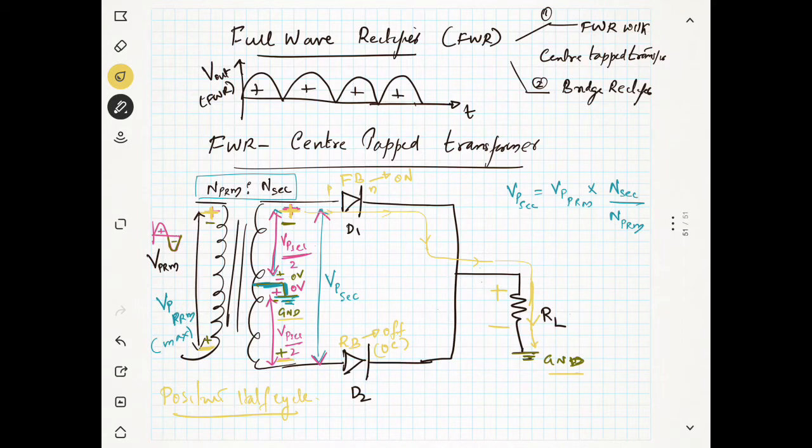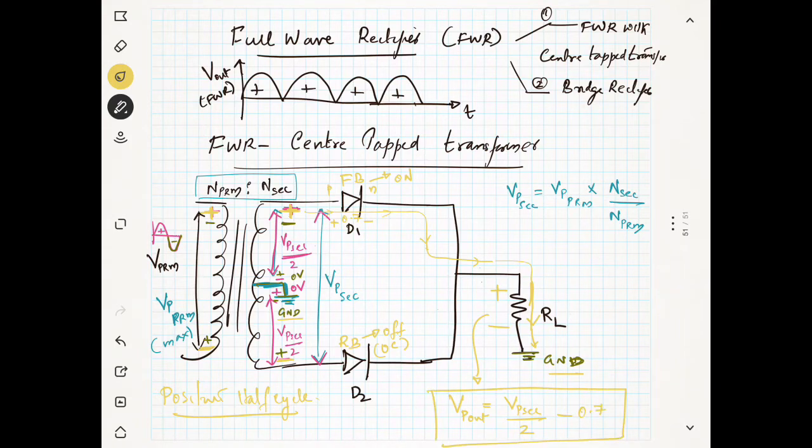So the input maximum across the diode is only Vp secondary by 2. So the output maximum, Vp out, is Vp secondary by 2 as the maximum input, and your diode will consume 0.7 volt. So minus 0.7, that will be the output.